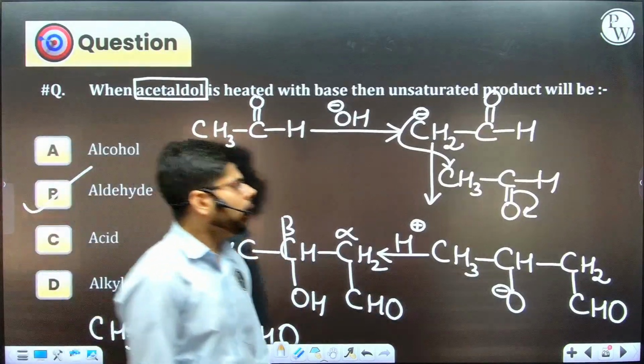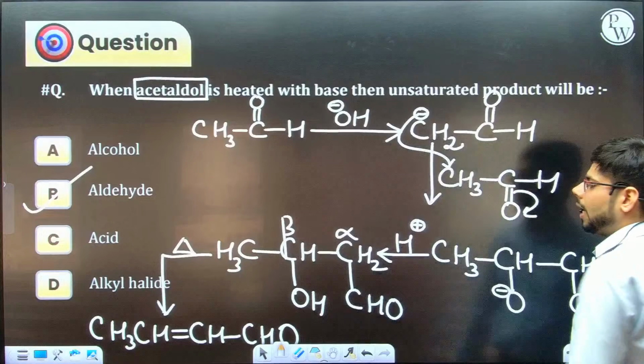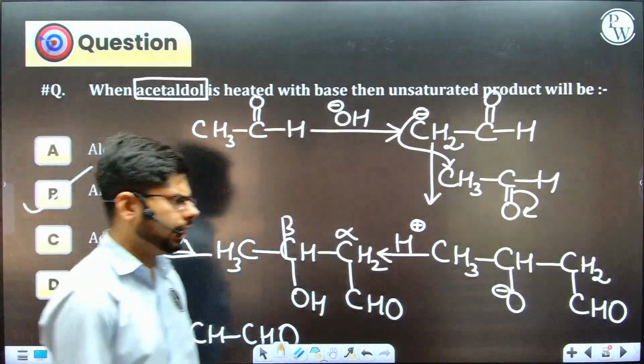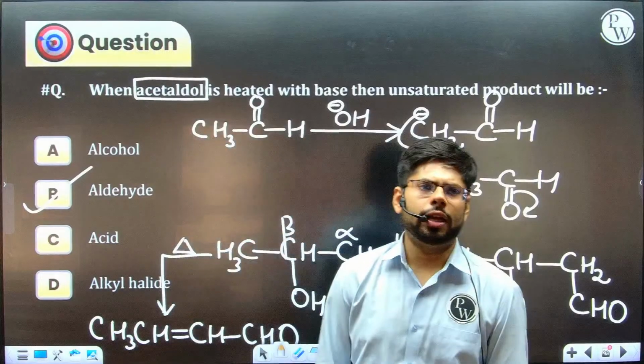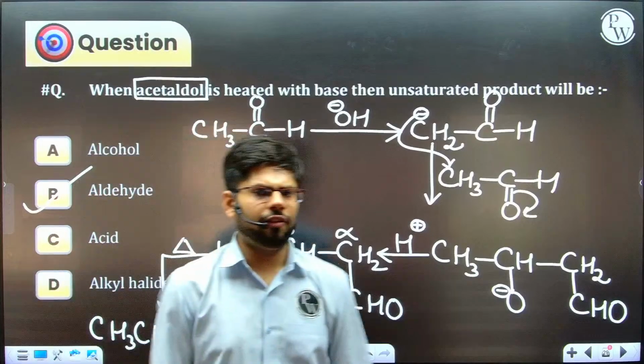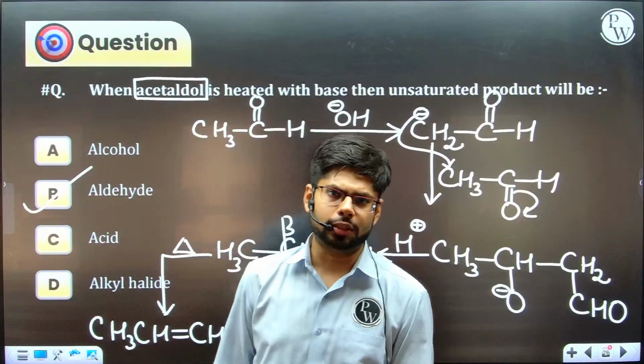Okay, so aldol condensation is extremely important, Cannizzaro reaction is extremely important, iodoform test is extremely important. We have discussed these in great detail. Reaction with NH2OH to form oximes is extremely important. Oxidation reaction using KMnO4 or K2Cr2O7 in acidic medium is extremely important. So quickly I will talk about that.